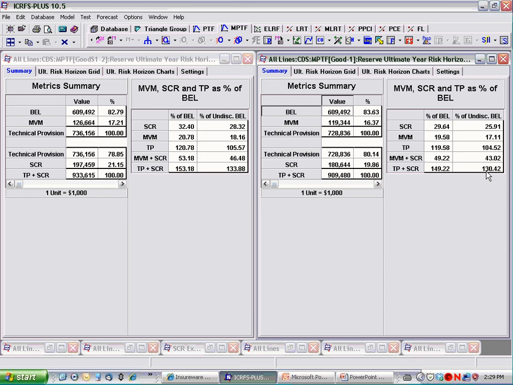Actually, these differences will be greater if we lower the percentile, because we're at the 99.5 percentile, which is pretty extreme. And again, LOB3 is the largest LOB.